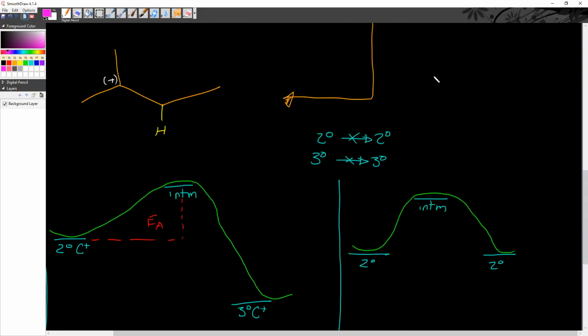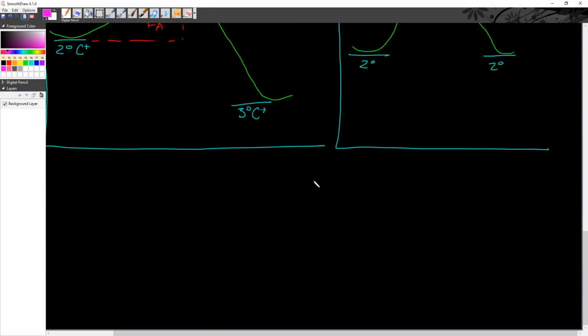Now, what if it's primary and it's reacting to a secondary and has the potential to do a tertiary? Can that happen? Of course it can, because take a look at what the energy diagram would look like. Here we are at the primary. The secondary is going to be way more stable, and the tertiary even more stable than that.